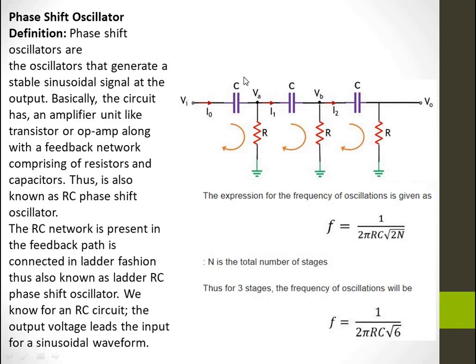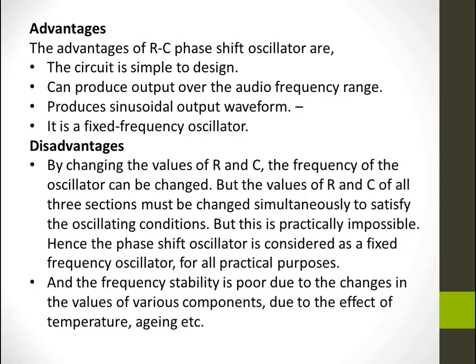Because of these value changes, the phase shift may change. Because of that, the 180 degree achievement will fail. That is one of the drawbacks in this case. If you want to change the frequency, then all the component values have to change simultaneously. That is not possible. Okay, this is one of the drawbacks of this RC phase shift oscillator.